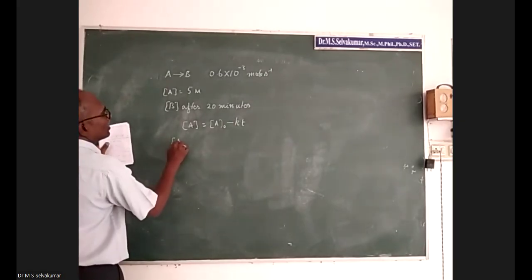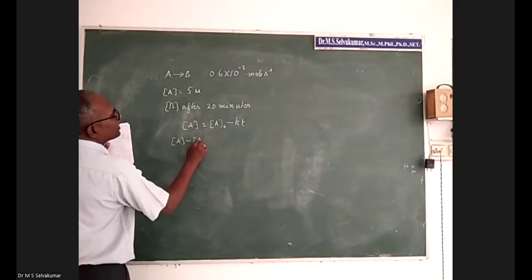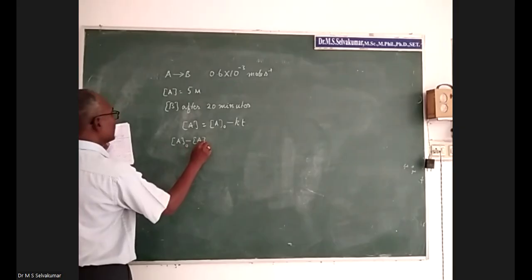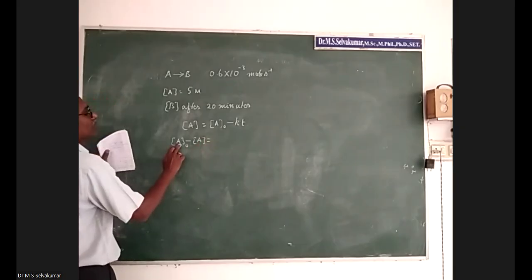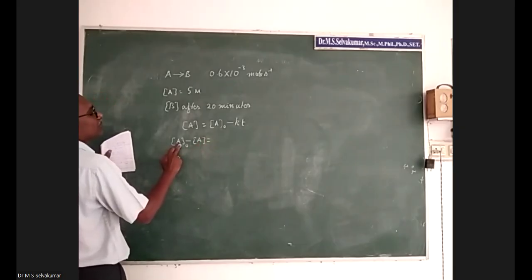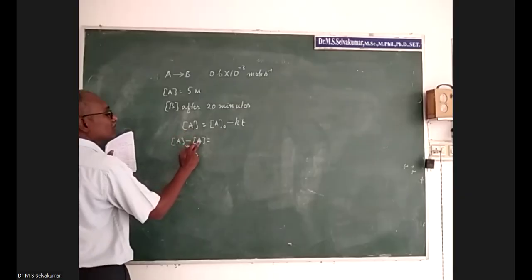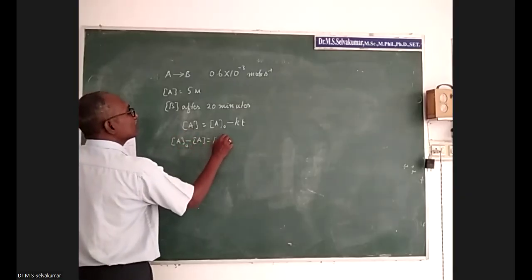So A0 minus A is equal to K T. A0 is the initial concentration, A is the concentration remaining after time T. So A0 minus A is the quantity of A reacted. So that is the concentration of B formed.